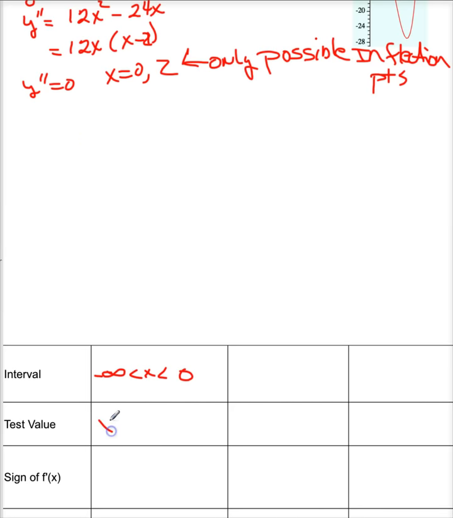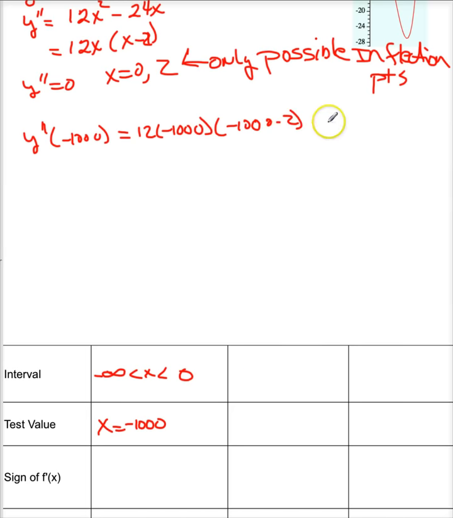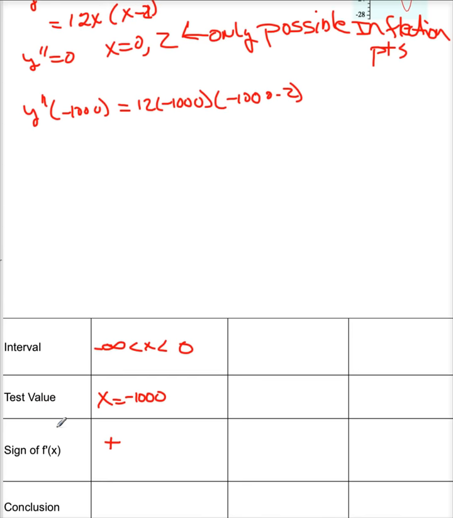If I pick x equals negative 1,000, then the second derivative at negative 1,000 is going to be 12 times negative 1,000 times negative 1,000 minus 2. So it's negative times negative, so it's going to be positive. So we know that this is concave up.